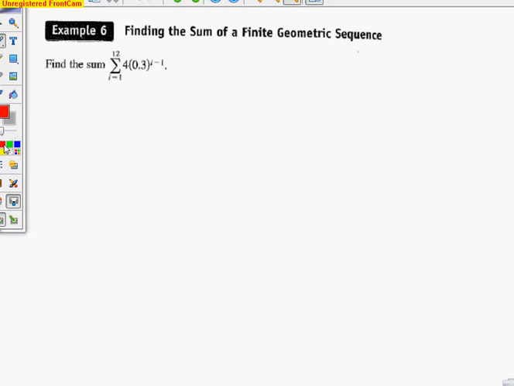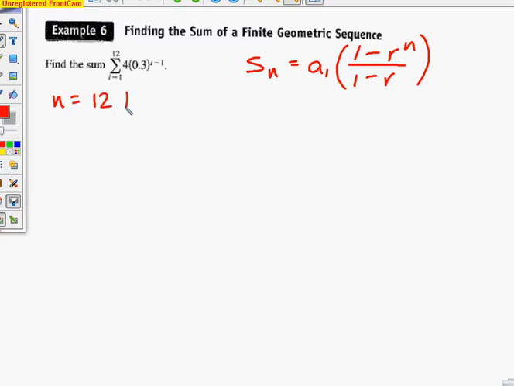We are looking for the sum of n terms: a sub 1, the first term, times this fraction, 1 minus r to the n over 1 minus r. When I do this, I need 3 things: the number of terms, the first term, and the r. The number of terms, n, if I'm counting from 1 to 12, is 12 terms.